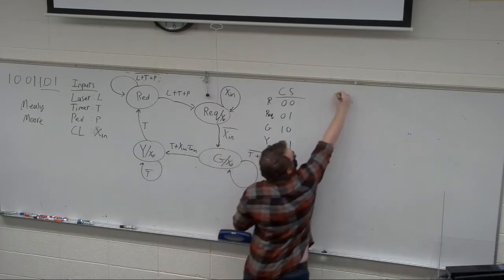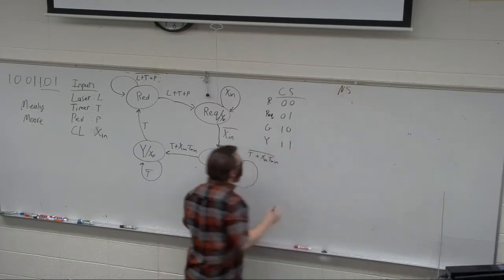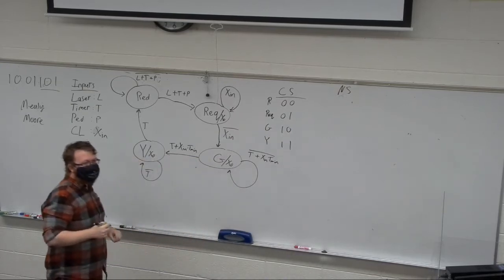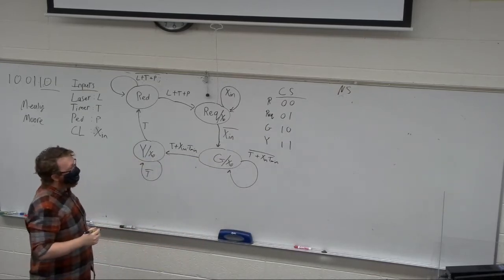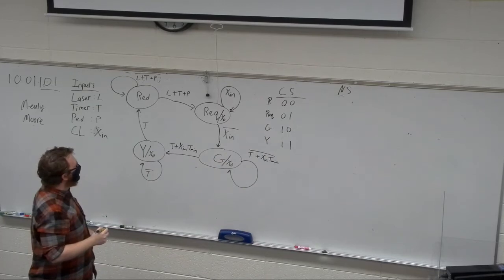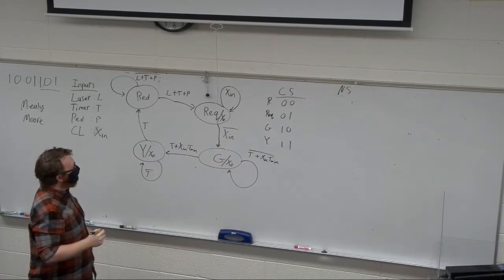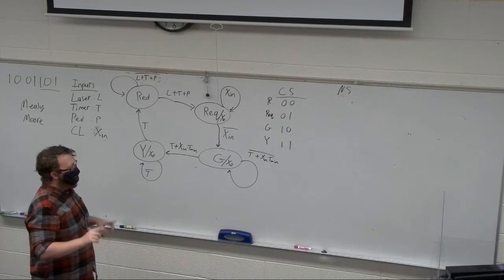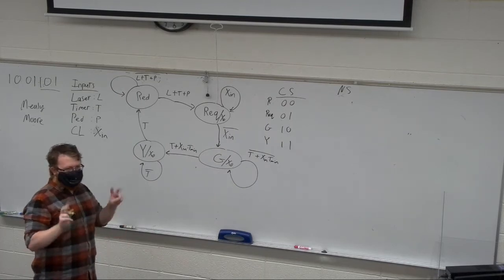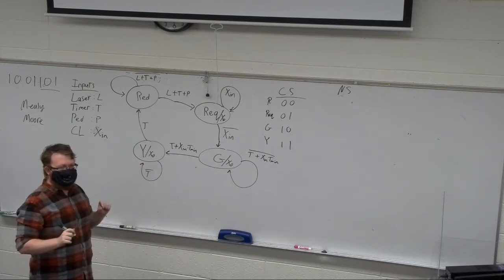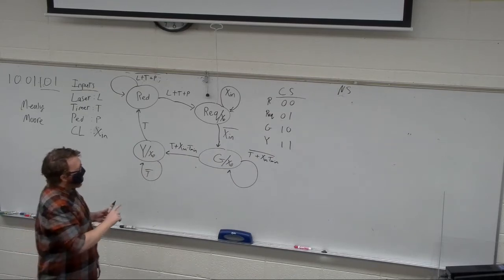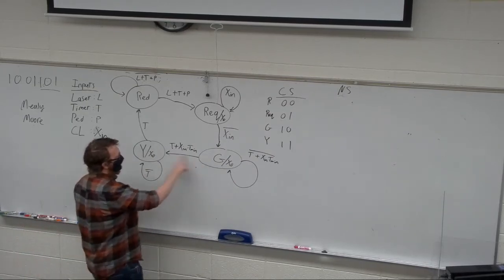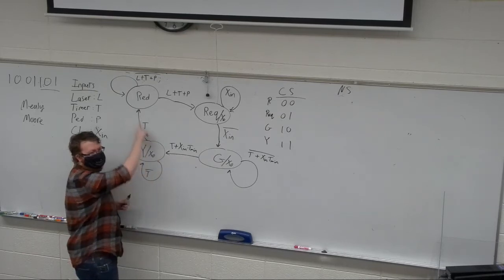These are my numbered assignments. Now, my next state depends upon the inputs. It might make sense to switch the green and yellow just so things are logically next to each other, except that the rule for numbering the states is that if I'm progressing through, I want to increment.